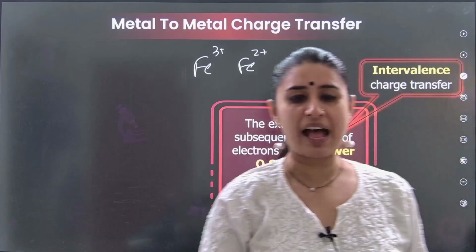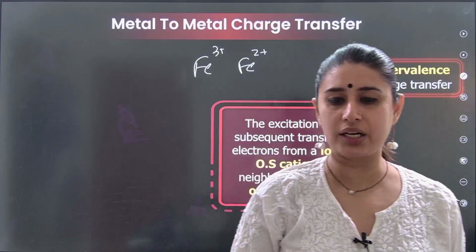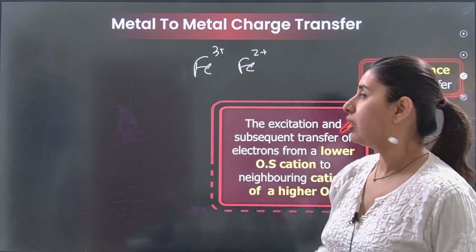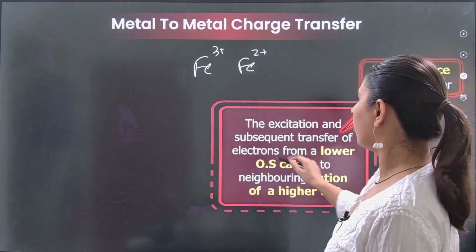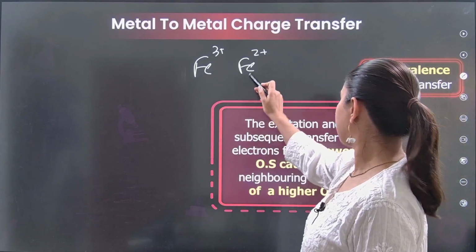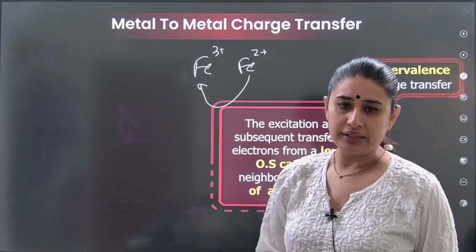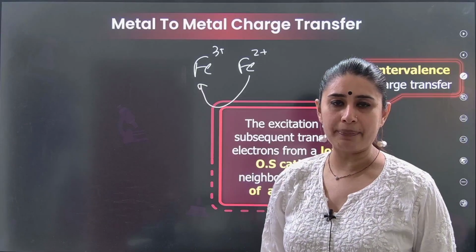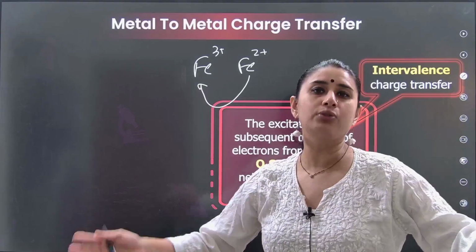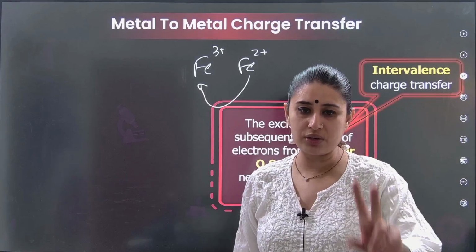A complex having iron 3+ as well as iron 2+, both. If that is the case, the electron transfer is from the lower oxidation state cation to the neighboring higher oxidation state cation. The electron transfer is happening between the two metals only, and hence metal-metal. That means you need to have two metals.